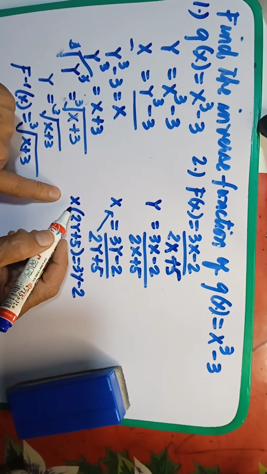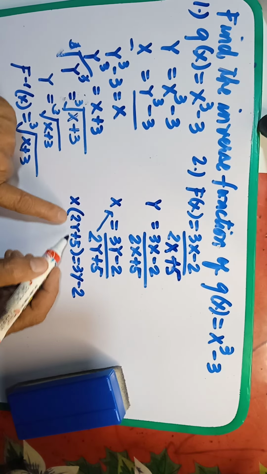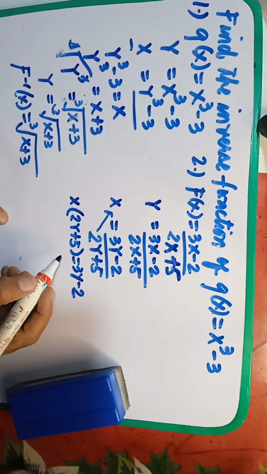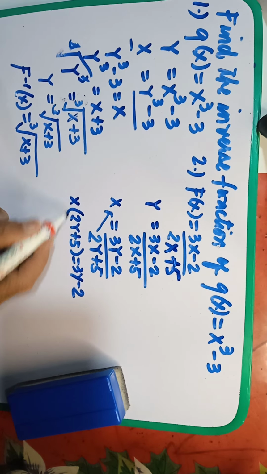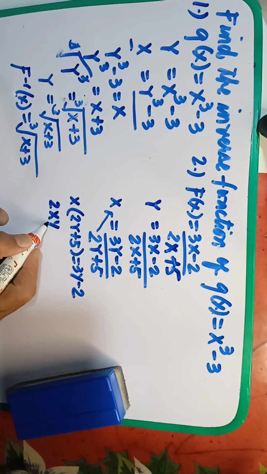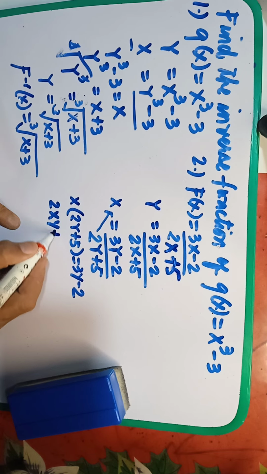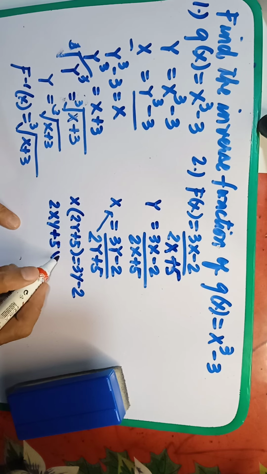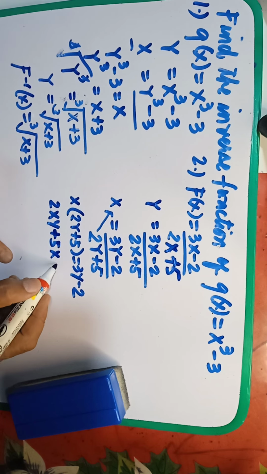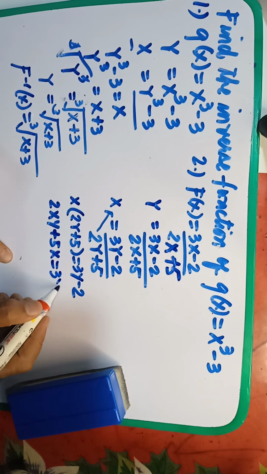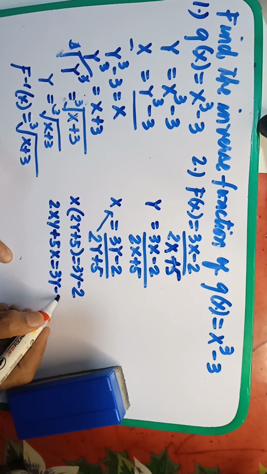Then we multiply x to both 2y and 5. So x times 2y is 2xy. Then x times 5 is 5x. So 2xy plus 5x equals 3y minus 2.